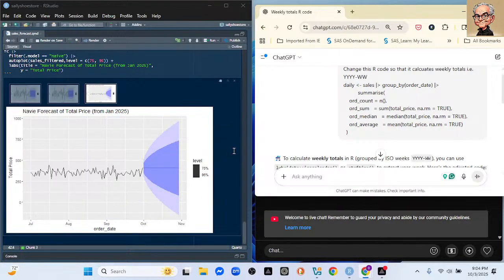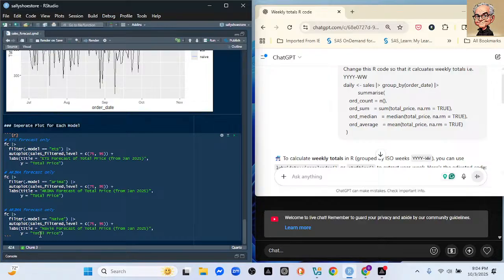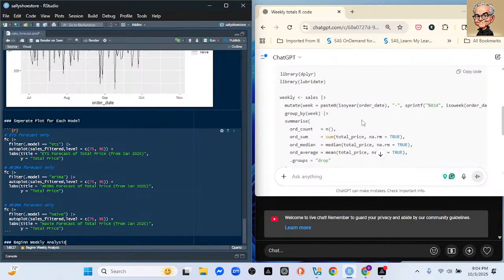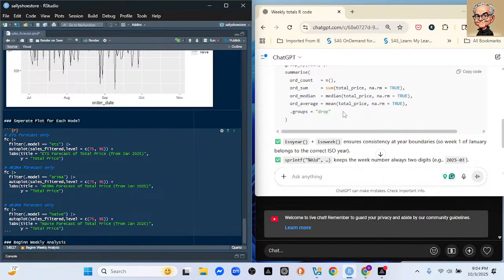Okay, lubridate, weekly. ISO year, interesting, ensures consistency at year boundaries.